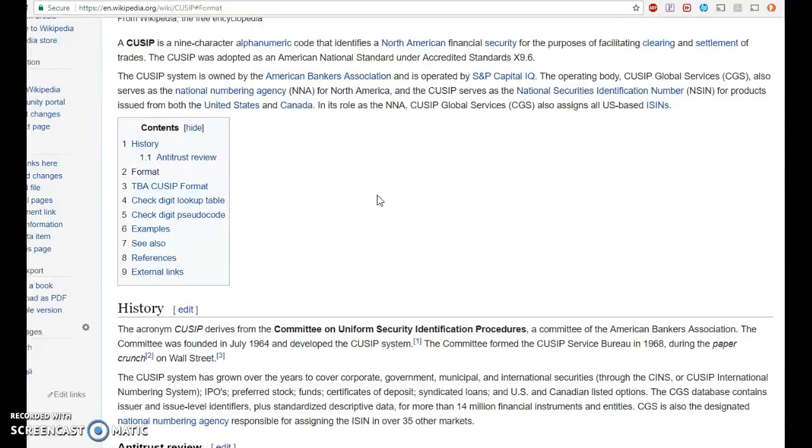The operating body, CUSIP Global Services, CGS, also serves as the National Numbering Agency, NNA, for North America, and the CUSIP serves as the National Securities Identification Number, NSIN, for products issued from both the United States and Canada. In its role as the NNA, CGS also assigns all US-based ISINs.